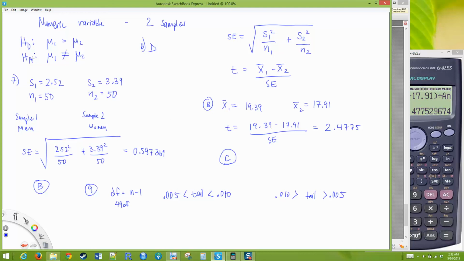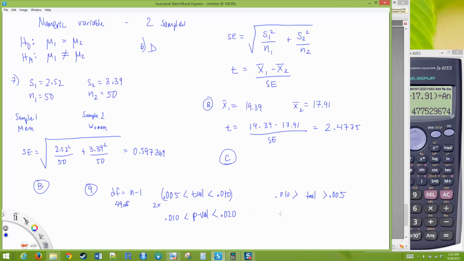To get our p-value, we have to double it because our alternative has a not equal sign. So I do 2 times these numbers, and I get 0.010 is less than my p-value, which is less than 0.020. So I multiply each of these numbers by 2.